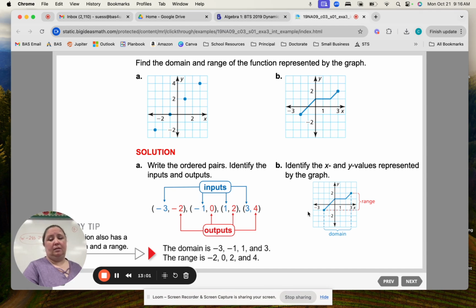If you look at this picture, they've shown you that domain is the x values. So on the x line here and on the x line here. You see the dotted line that they have? So domain is everything in the x values between here and here because it has that graphed line. So it's actually all of those values of x on that line.